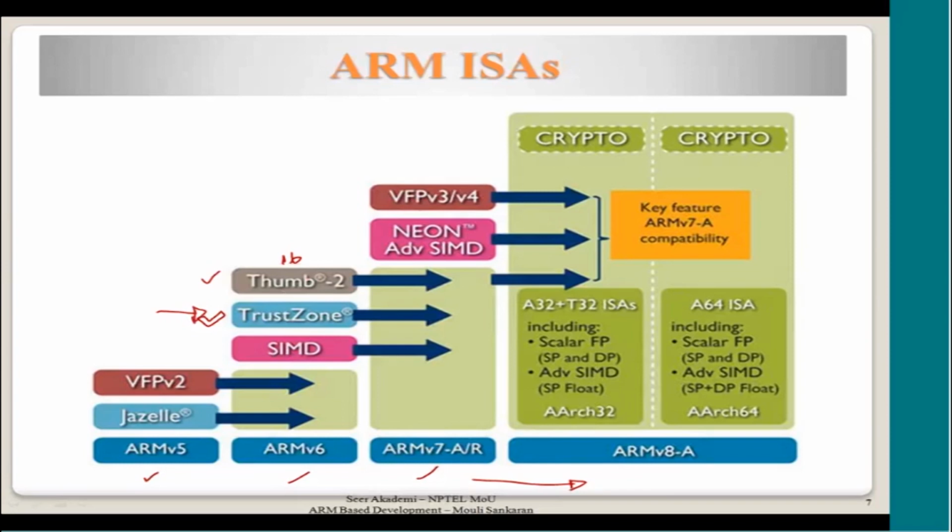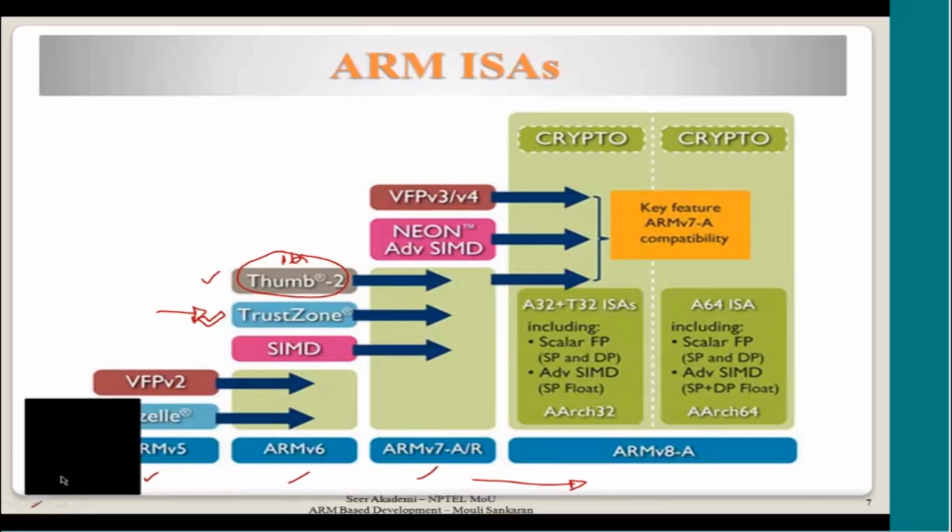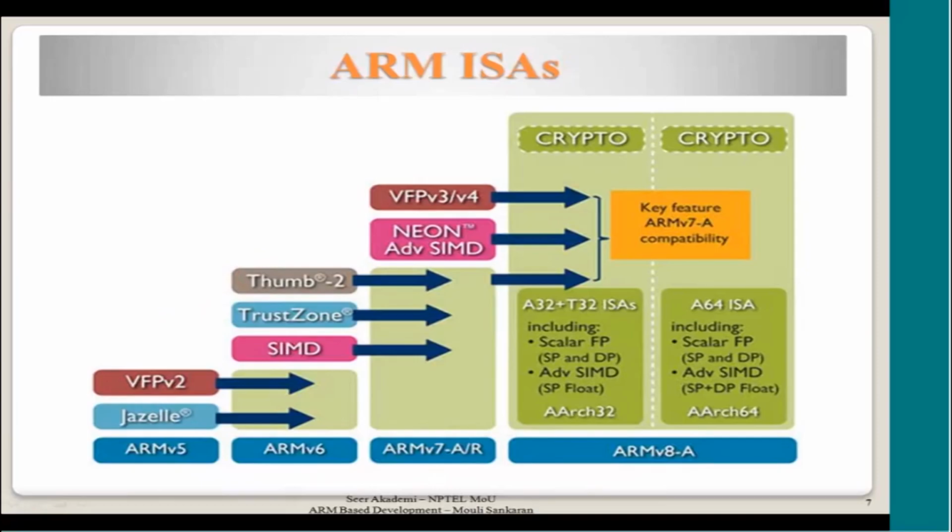So actually, the power of Thumb-2, the Thumb state, has tremendously been improved with the introduction of this particular feature into ARM. And then we saw a better floating point processor, which has been improved, as well as an advanced SIMD architecture which has been built into the latest processors.